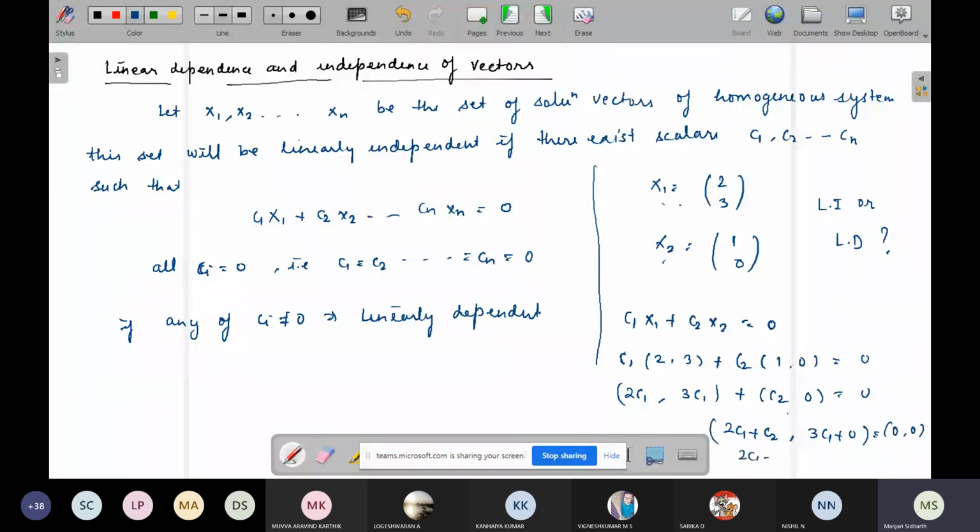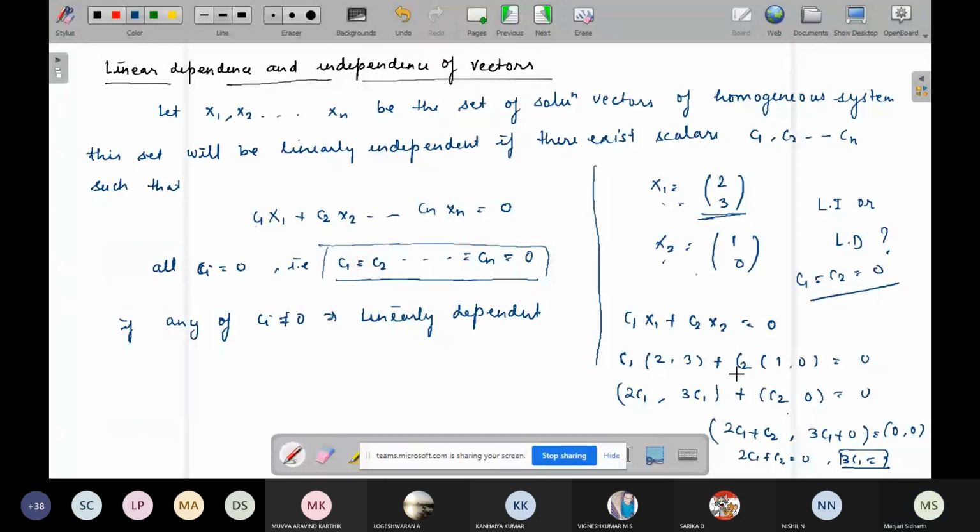That means 2c1 plus c2 is equal to 0 and 3c1 is equal to 0. So from here c1 is equal to 0. Now c1 is 0, that means c2 is equal to 0. So c1 and c2 both are 0. So linearly independent when all the ci's are 0. That means x1 and x2 both are linearly independent. So you can check with this. Take the linear combination and try to get all these scalars as 0. If any of the scalars is non-zero, that means linearly dependent.